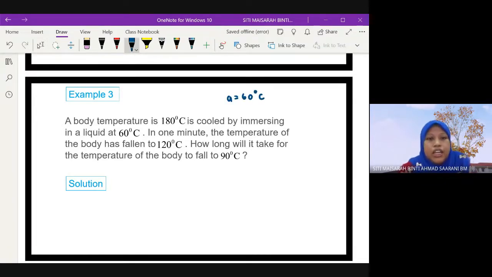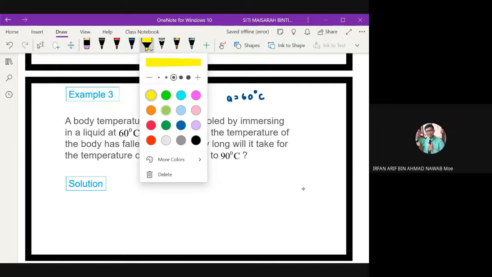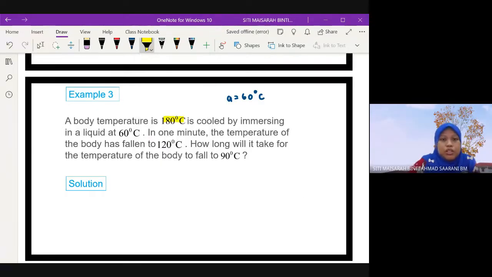Okay. In 1 minute, 180 ni adalah maksudnya pada T berapa? Daripada awal. Kosong lah. Betul. So maksudnya kat sini T kosong. Okay, yang ni awak nak guna apa? Okay, contohnya kalau kita guna theta lah. Let's say let theta is equal to body temperature lah.